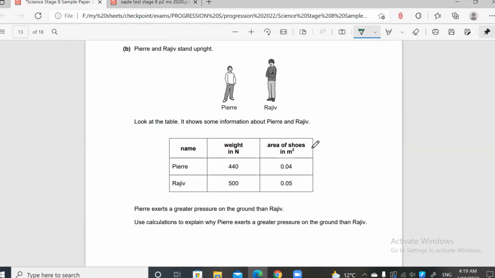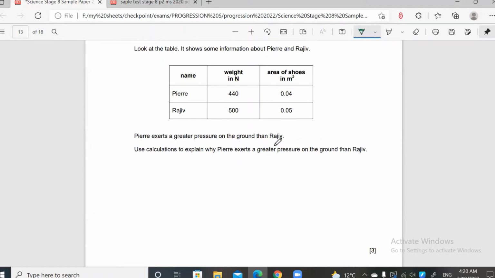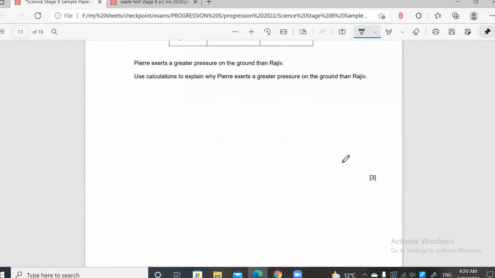The area of his shoes in meter square is 0.04. Rajiv has a weight of 500 Newton, and the area of his shoes is 0.05. Pierre exerts a greater pressure on the ground. Use calculation to explain why Pierre exerts a greater pressure on the ground than Rajiv.